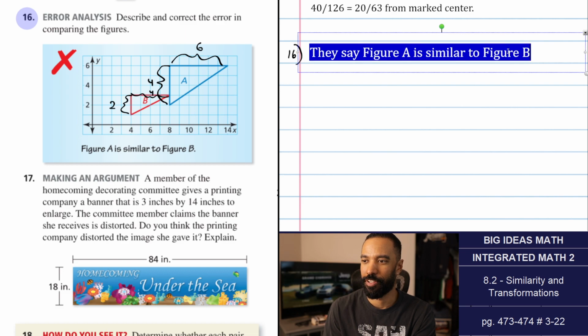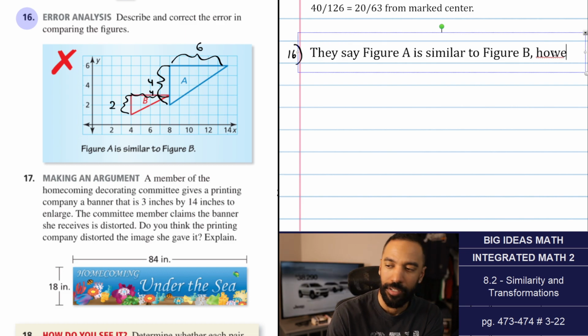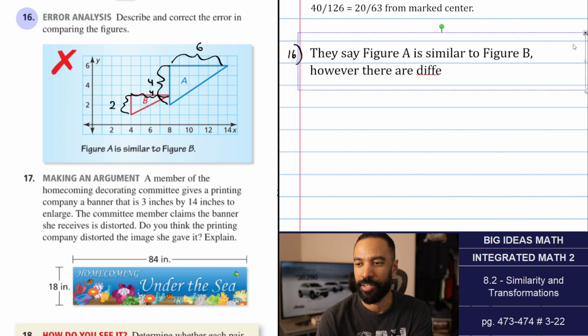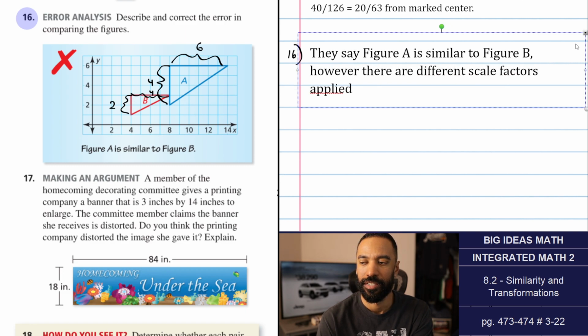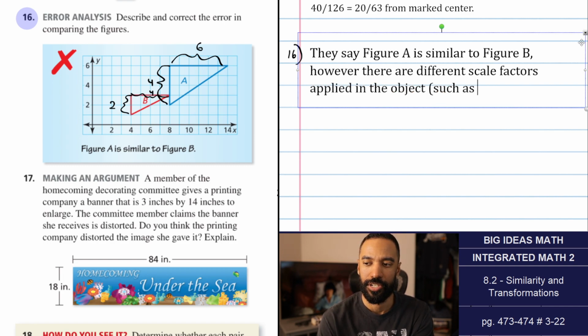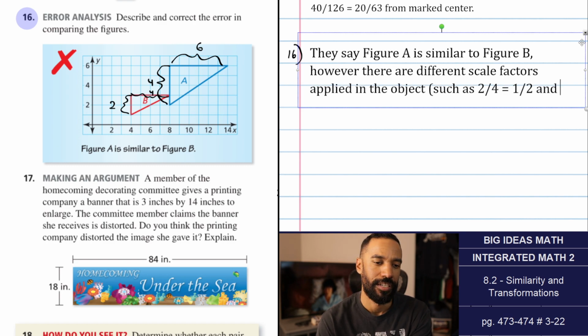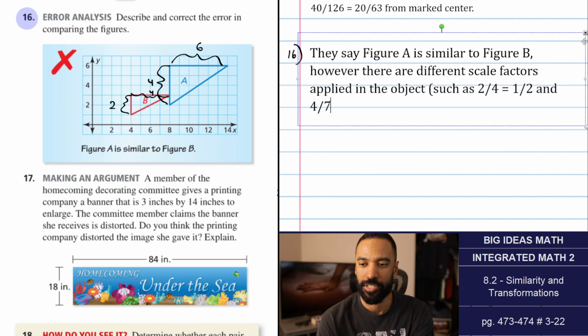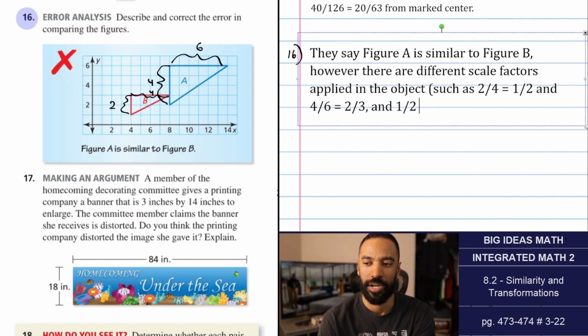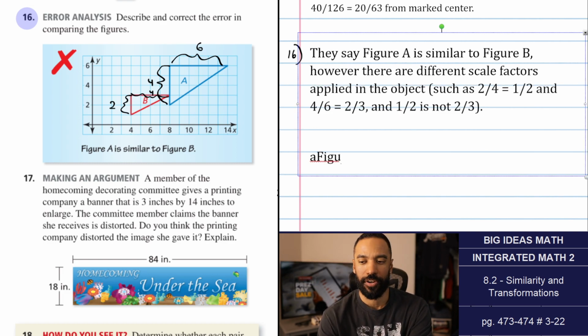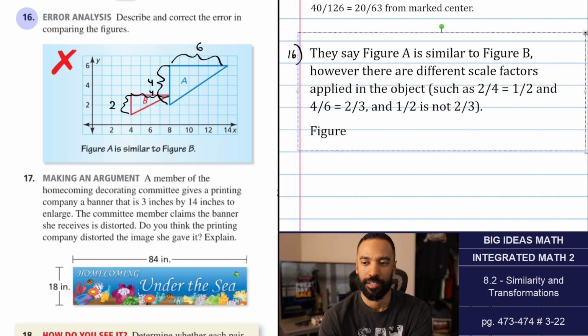Say figure A is similar to figure B. However, there are different scale factors applied in the object, such as 2 over 4 equals 1/2 and 4 over 6, or 2/3. And 1/2 is not 2/3. So that's kind of going on. So figure A is not similar to figure B.